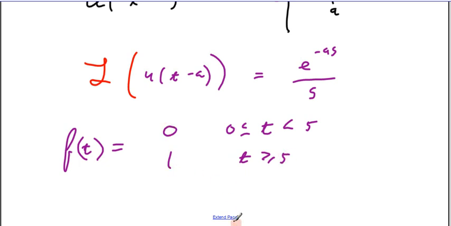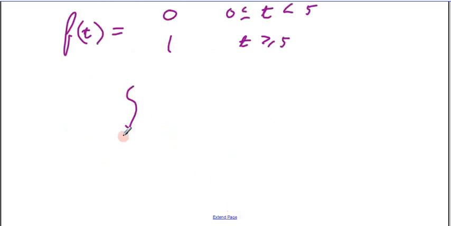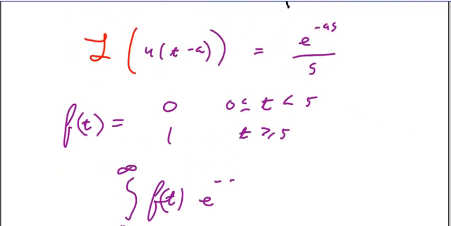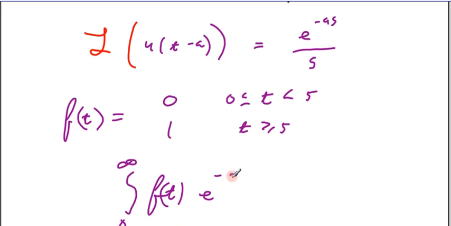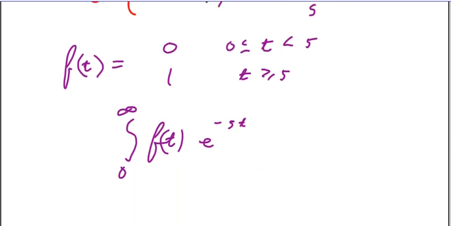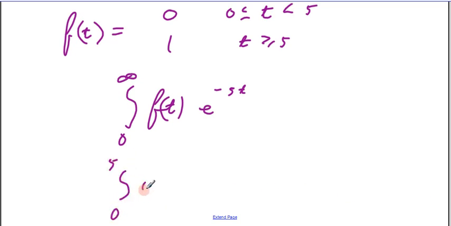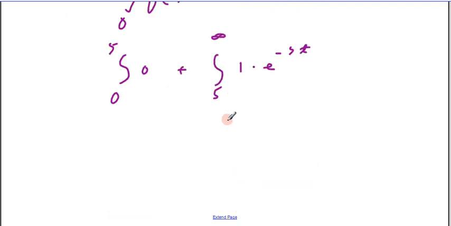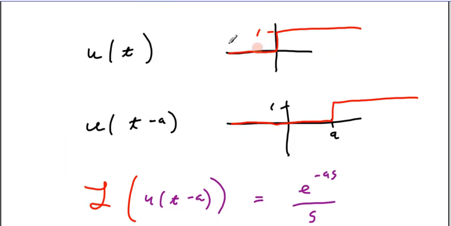So that'd be a unit step function, and if I took the integral from 0 to infinity of f(t) e to the minus st, that is the integral from 0 to 5 of 0 plus the integral from 5 to infinity of f(t), which is 1, times e to the minus st, and I did that integral, I'd end up with something that's e to the minus as over s. So that's how I end up getting that.